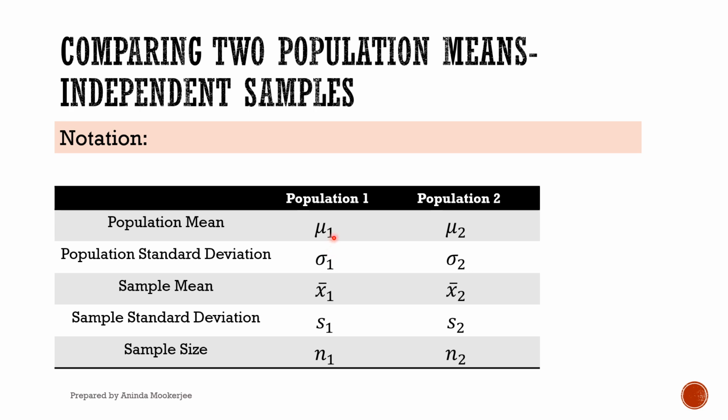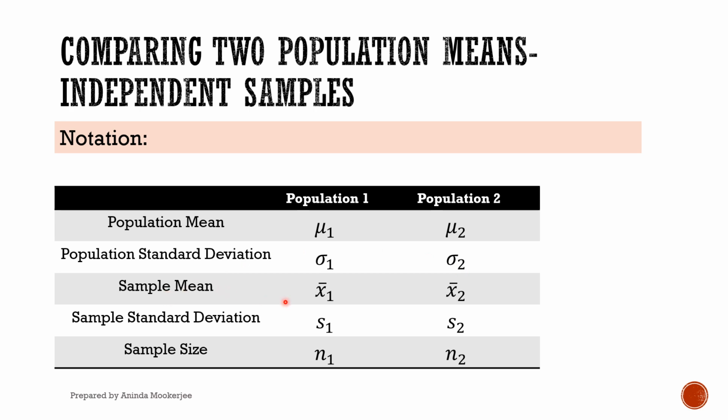The subscript denotes that this particular mean is associated with population 1. Mu sub 2 will be the population mean coming from population 2. Population standard deviation is sigma sub 1, and for population 2, it's sigma sub 2.